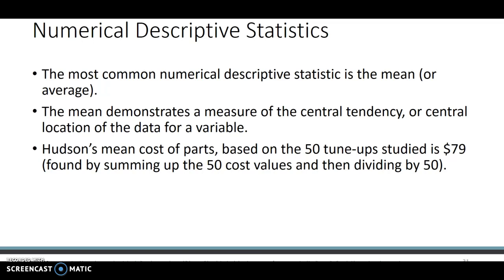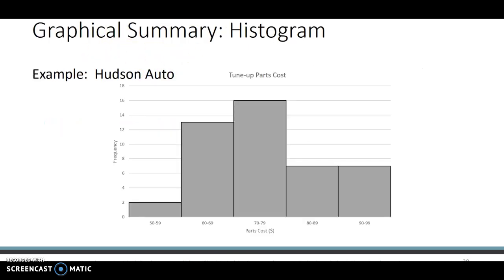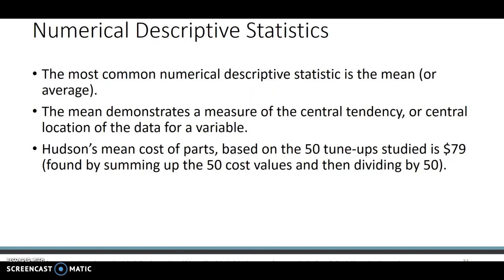In statistics, we call that average a mean. The mean demonstrates a measure of central tendency, or where this data is clustered around. Here you can see it's clustered around this 70 to 79 range here. We would calculate an actual numerical value for where that data is centrally located or where it tends toward.